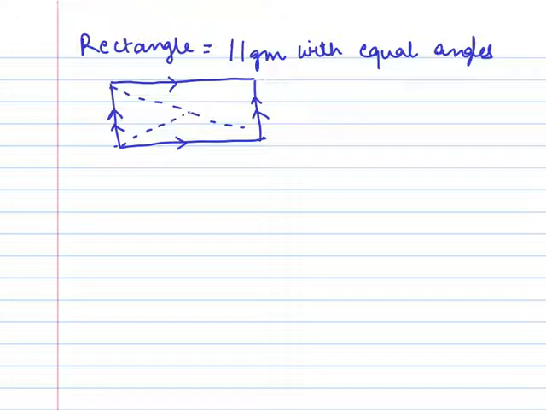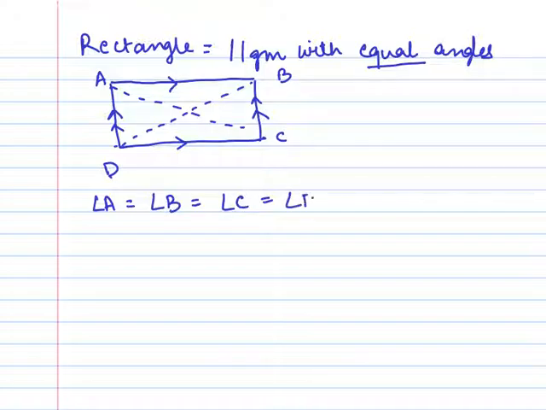Because a rectangle is a parallelogram, it will meet all the properties of a parallelogram. In addition to those, it has one more property, that angles are equal. Angles are equal means if it is A, B, C, D, then angle A is equal to angle B is equal to angle C is equal to angle D.